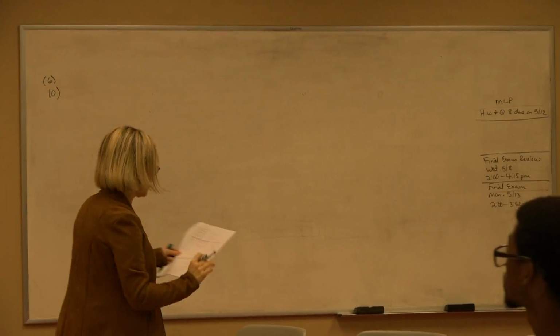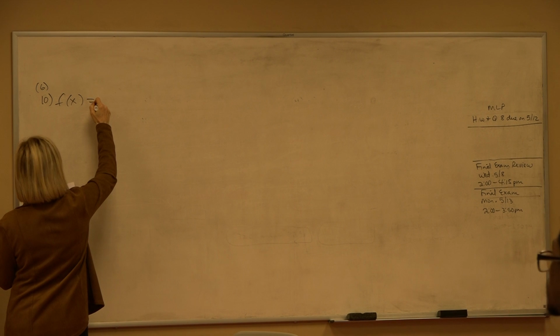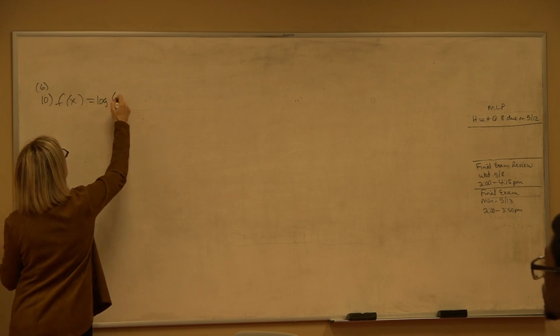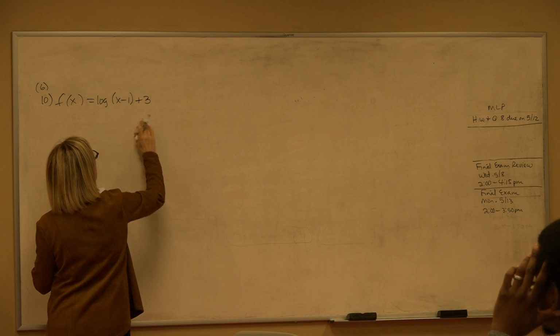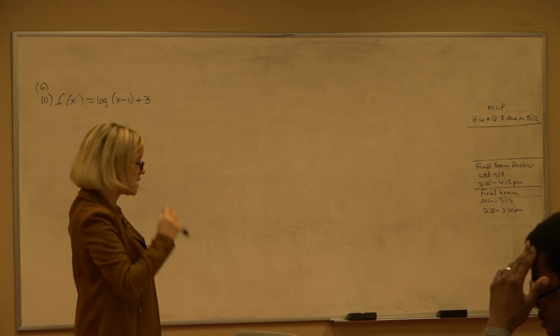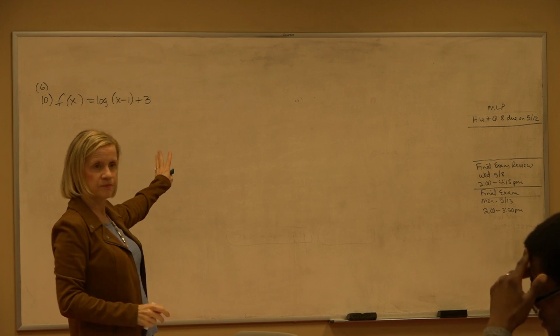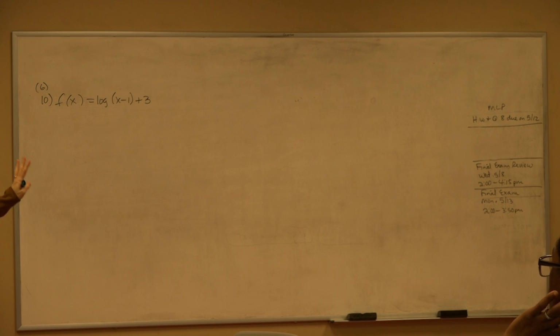Given f of x equals the log, inverse of x. So, my base here is what on this logarithm? 10. So the inverse of a logarithmic function would be an exponential function with base 10.